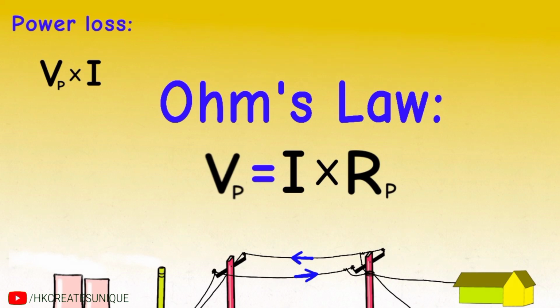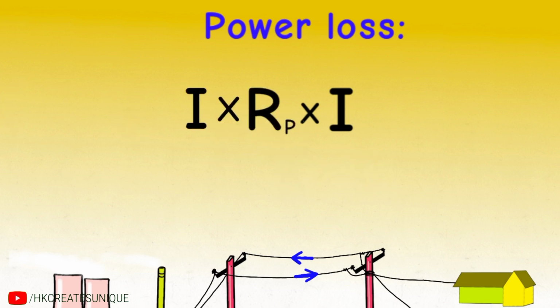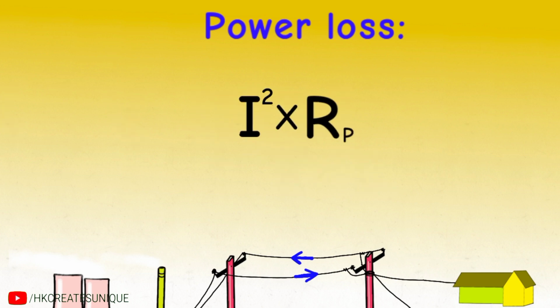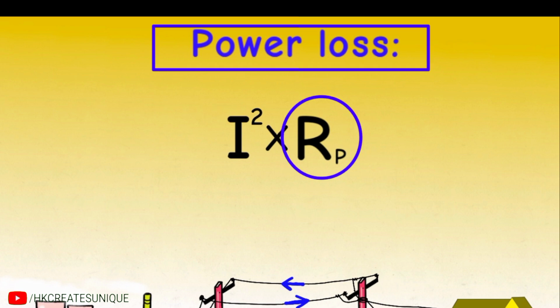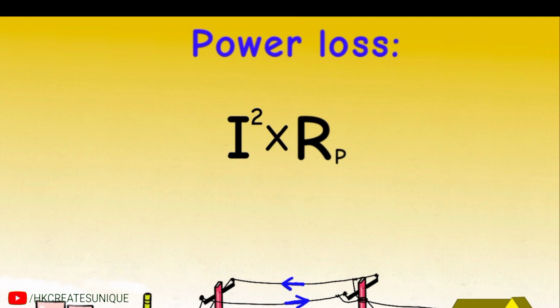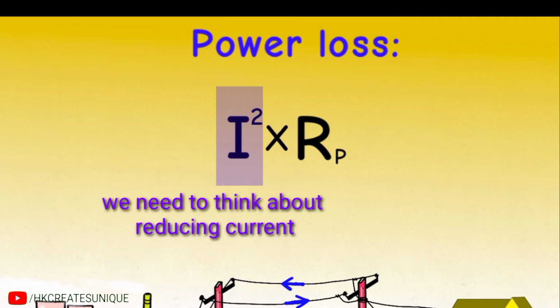And substituting the value of voltage, we get I times Rp times I, which is I square Rp. So the only way to reduce power loss is to reduce resistance or current through the transmission lines. But as you can see, power loss depends more on current. So we need to think about reducing current.